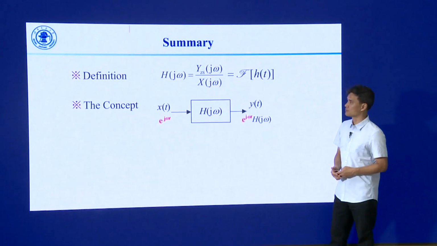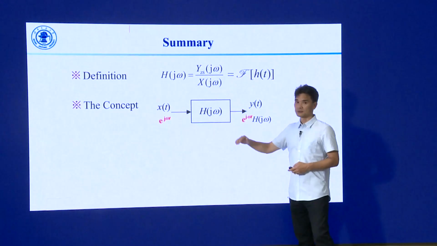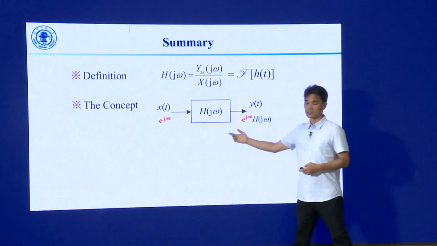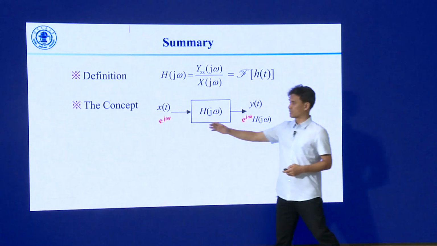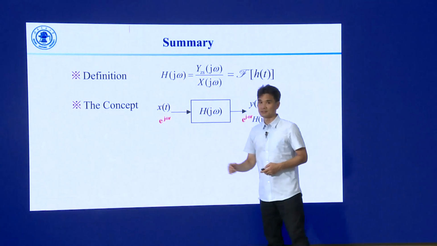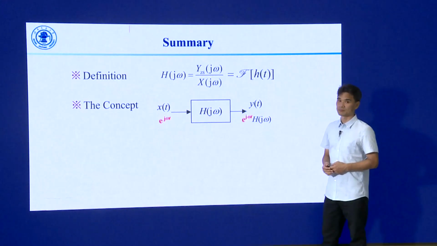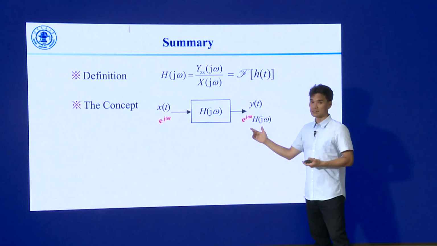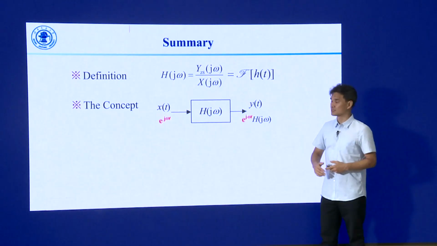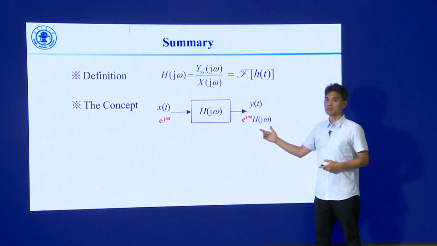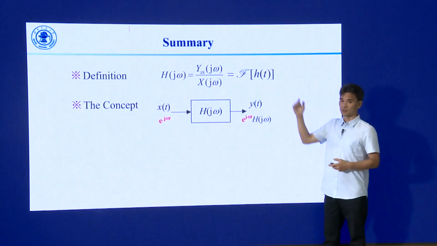To summarize, this is the definition for the system's frequency response. The concept of the system's frequency response can be represented by this diagram. If the input of the system is an imaginary exponential signal, then the output, or the system's zero-state response, is the same imaginary exponential signal modified by the system's frequency response.